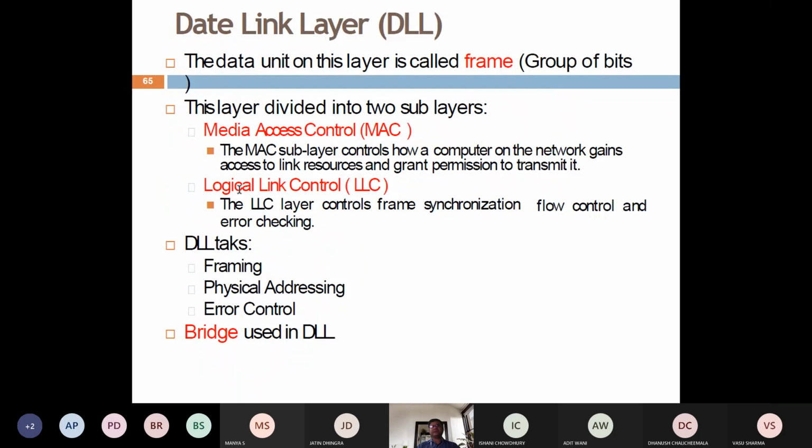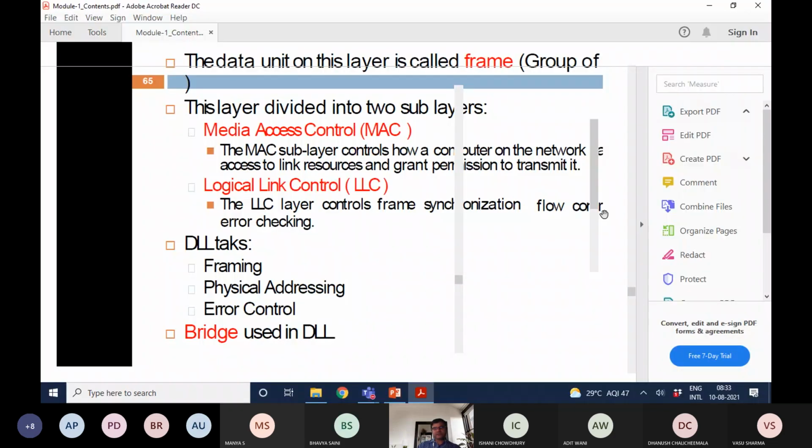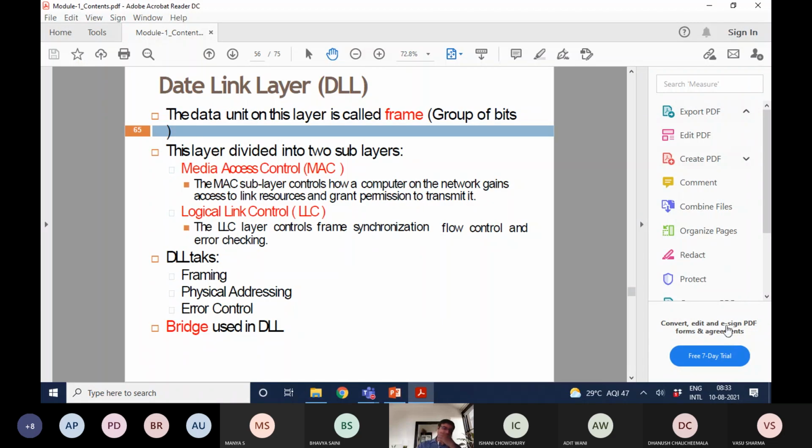What do we mean by this data link layer? Before going to the data link layer, we must have one interactive session about the physical layer. What are the responsibilities of the physical layer? Can anybody answer like 2 or 3 responsibilities? If you can answer, then it will be sufficient. That means you are listening. Can anybody answer? What are the responsibilities of the physical layer?